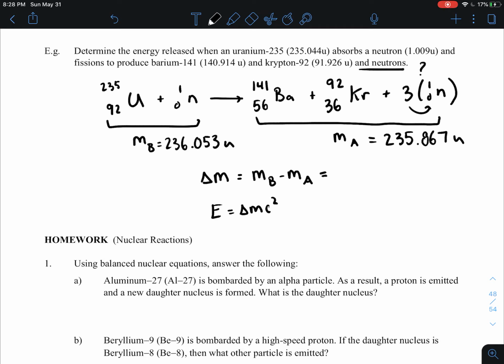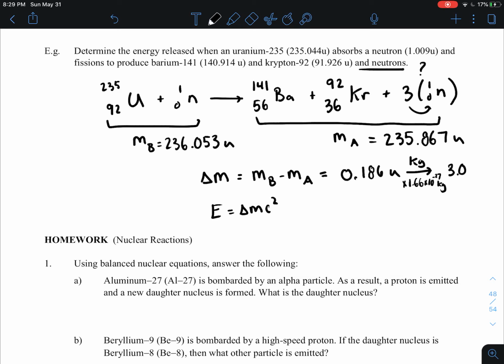So therefore, we're going to find the change in mass. First number minus my second number gives me a difference of 0.186 u. I want to convert this into kilograms. I can do that by multiplying by 1.66 times 10 to the negative 27.